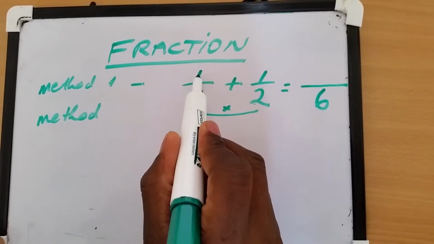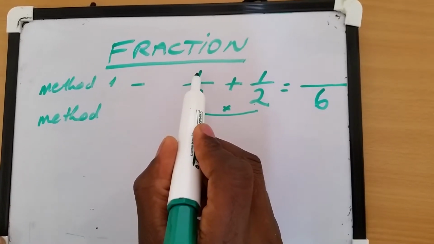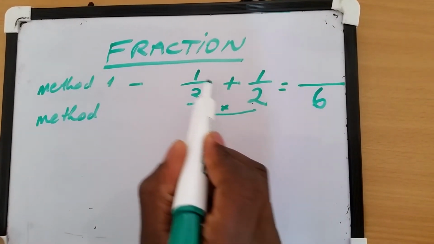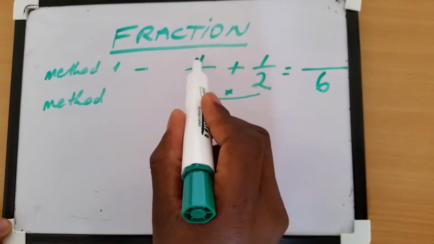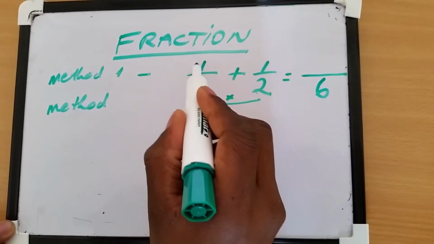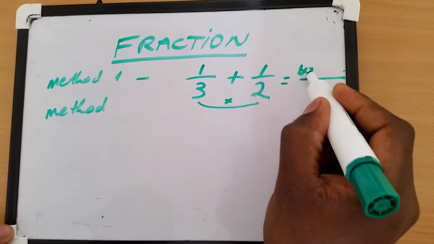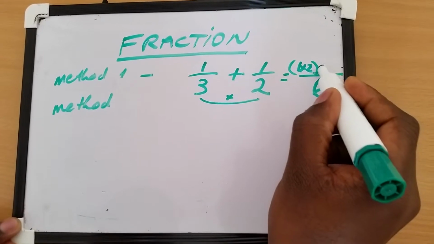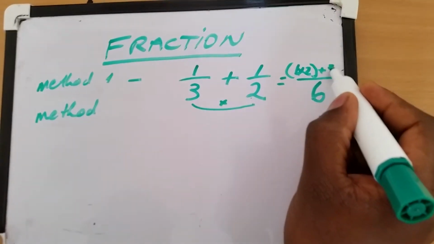And then the second part of that step is to multiply diagonally both numbers across, and add them together. So 1 times 2, plus 3 times 1.